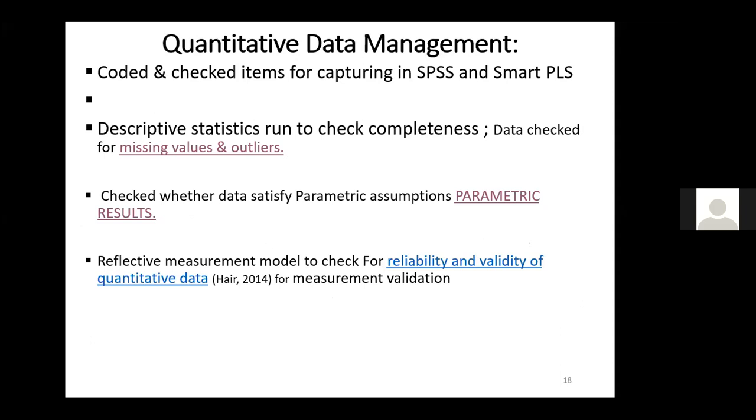So I also checked for reliability and validity of quantitative data. Although the link is open here, I can open the file.